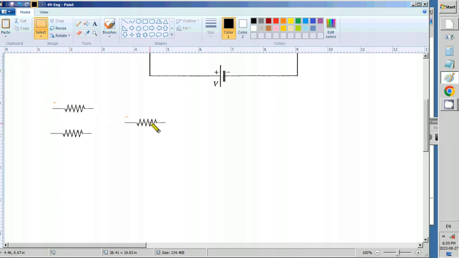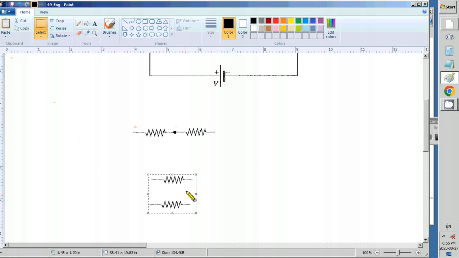Sometimes we can connect them in series. If we connect them like this, just one after another, this method is called series. We say the resistors are in series.